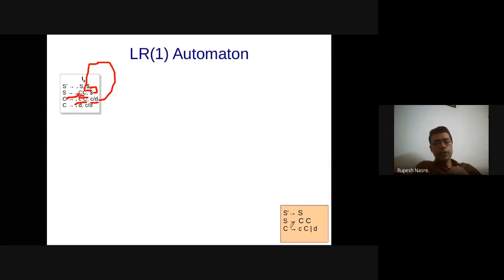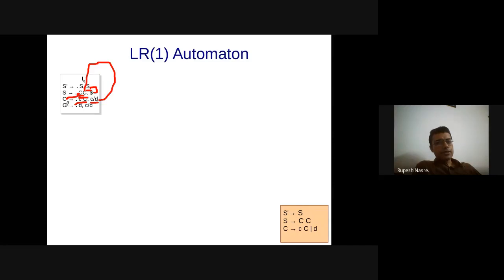Right? The first of capital C is anyway going to be, there are only two terminals here, small c and small d, and both are in the first of capital C. So those are the ones which are going to appear in the lookahead. Okay, and we'll move further so that we'll also know the other kind of situation that we might get into.